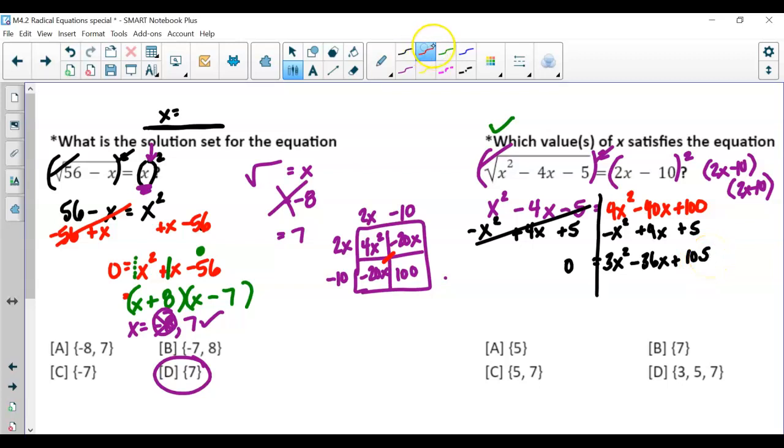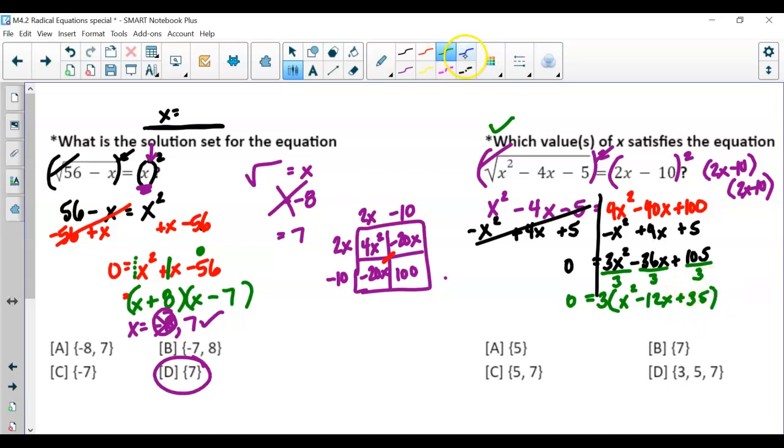Now notice we can't just go right into the factoring just yet, because we do have this coefficient here of 3. So here we go. Do we have a GCF? Can we divide all three numbers? Yes. We can divide all three numbers by 3. So here we've got our GCF of 3. Now taking that out, x squared minus 12x plus 35.